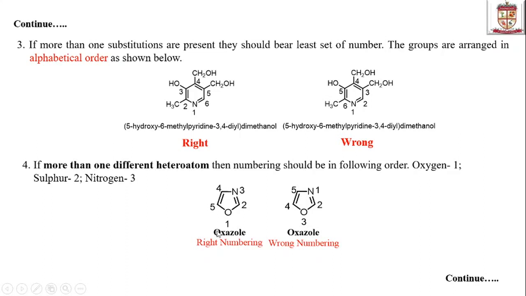In this oxazole case, we give the first number to the oxygen, then the next lowest possible number, 3, is given to the nitrogen, because no sulfur is present.